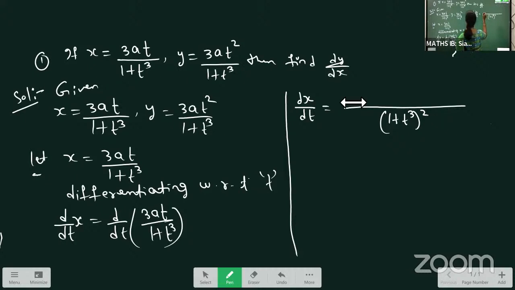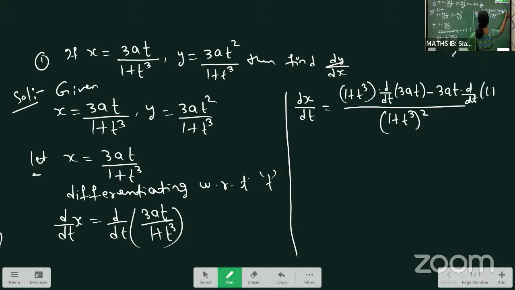v into (1 plus t cube) into d by dt of u, that is 3at, minus 3at into d by dt of (1 plus t cube). 1 plus t cube as it is.